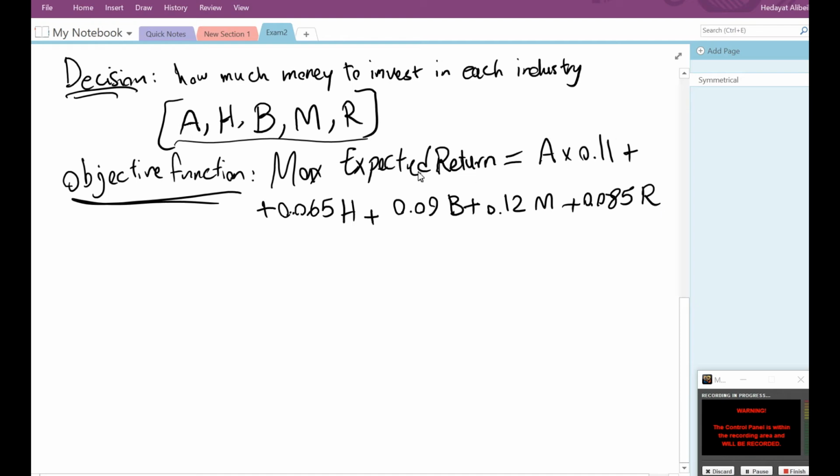So this is the maximum expected return. This is the formula. And then he's got a set of 4 constraints.